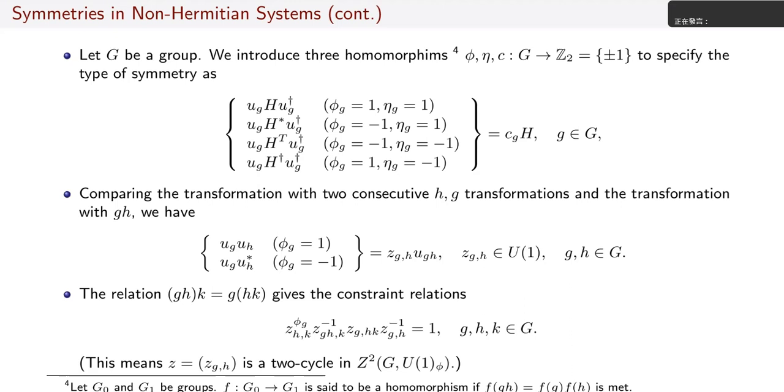My definition is that if there is phi, I have a complex conjugation. In addition to phi, if eta is -1, then in addition to the star, I have dagger. This is my definition.